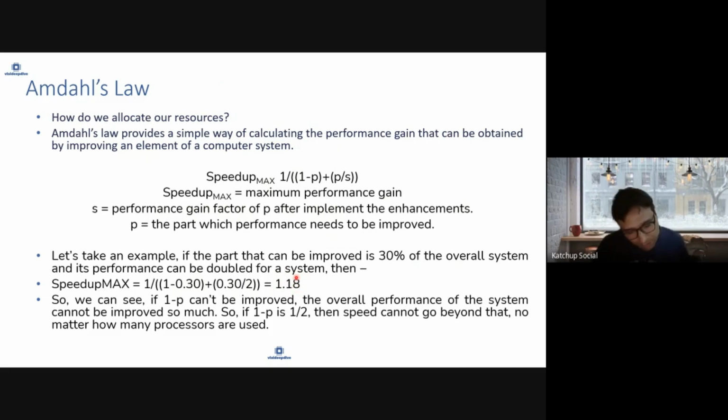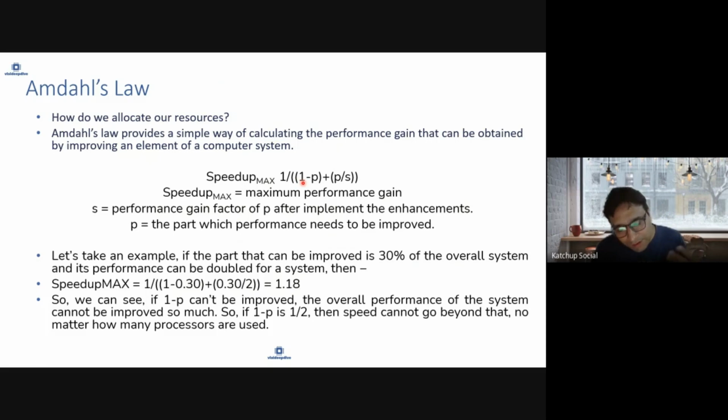So we see that 1 minus P is an important part of the theoretical limit of performance benefit. If P is a very small percentage, your theoretical limit will be very low.